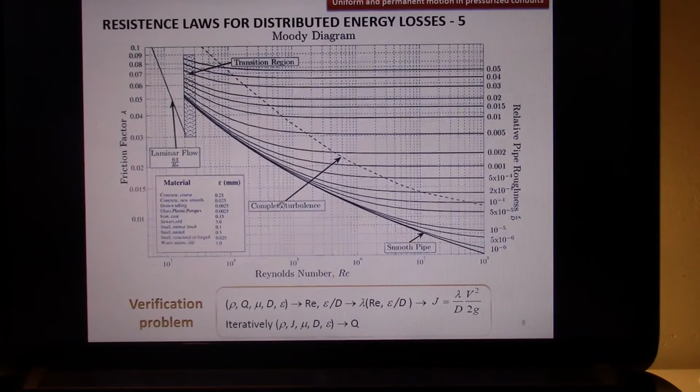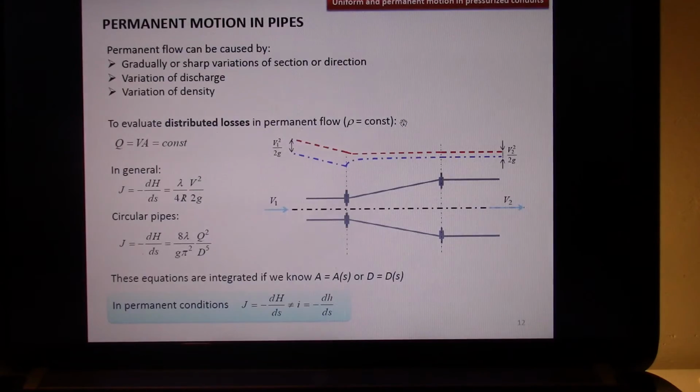I enter the Moody diagram looking at this, and I check. For example, right here I have a range of values of Reynolds number that are true in the turbulent flow. So I try to check with one value what happens.